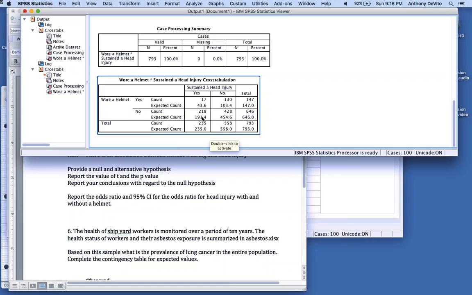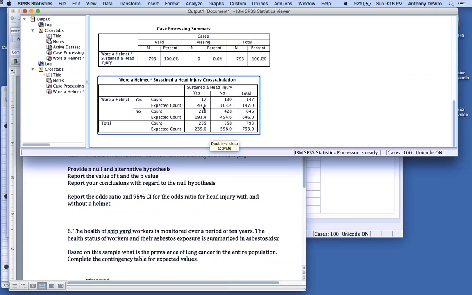Now, the question is, is the difference great enough for us to reject the null hypothesis that there is no association? It looks like there is an association and wearing a helmet is protective. However, when we do it in real life and we take a random sample, for instance, we don't always see exactly the value that we expect.